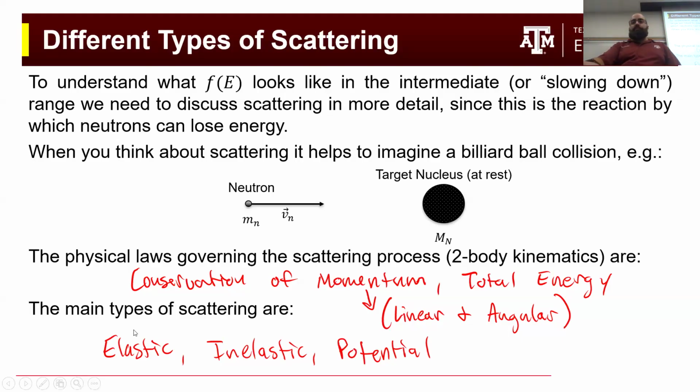So potential scattering and elastic scattering are very similar. Inelastic is a little bit different. But we'll talk about these in a little more detail so that we can know the differences and the significance of each type.